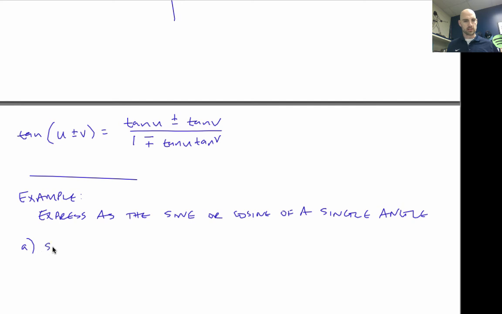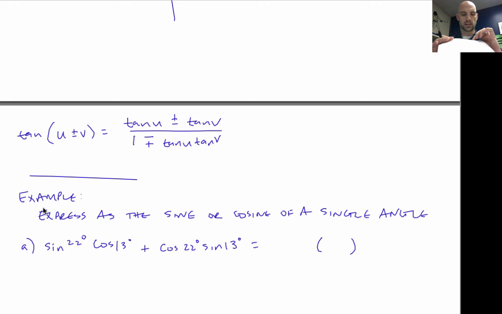So, for example, they might give us the sine of 22 degrees times the cosine of 13 degrees plus the cosine of 22 degrees times the sine of 13 degrees. And so they want us to take this and write it as sine or cosine of a single angle here. Well, take a look here. This looks like, and if you check out your sheet here, it looks like the sine formula. So I know that this is going to be the sine because cosine, when I'm using an angle sum or difference, has cosine, cosine, sine, sine.